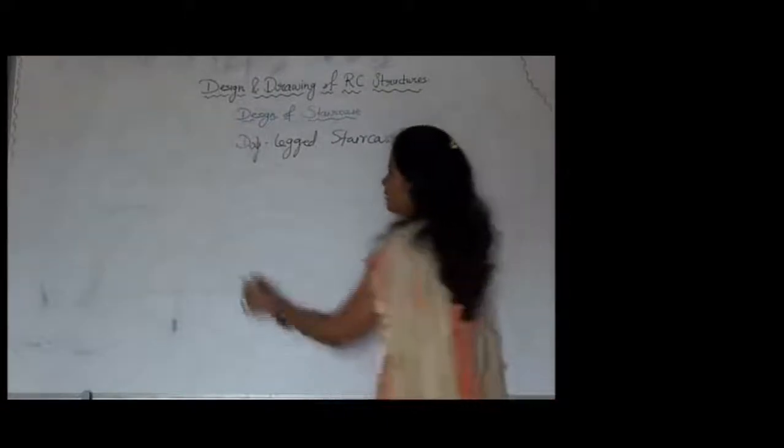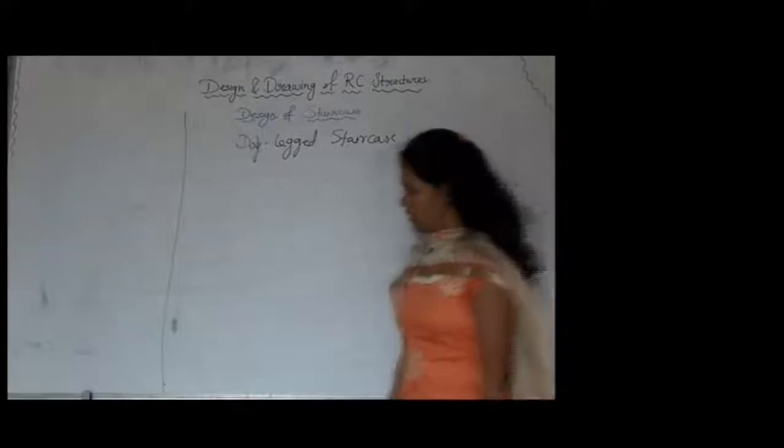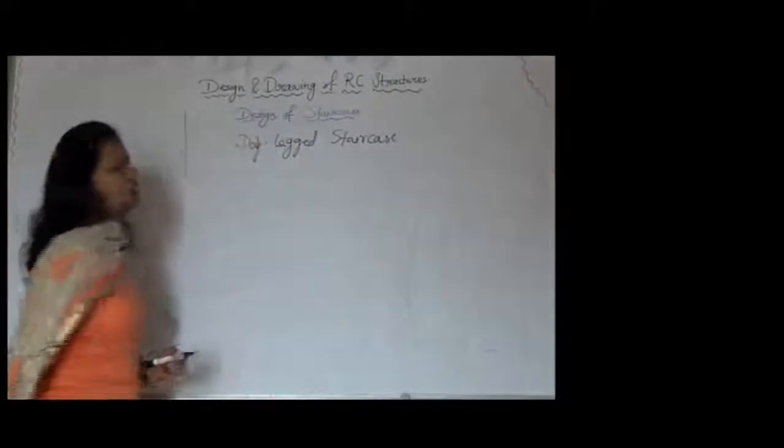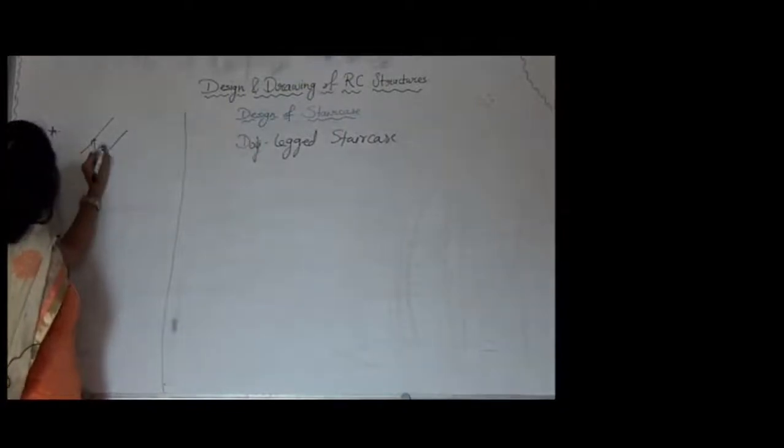Before starting this, I would also like to revise a few points which again come under the bylaws. The first one, which we have already studied in BDD, is that the vertical headroom between two parallel flights should be minimum 2 meters.